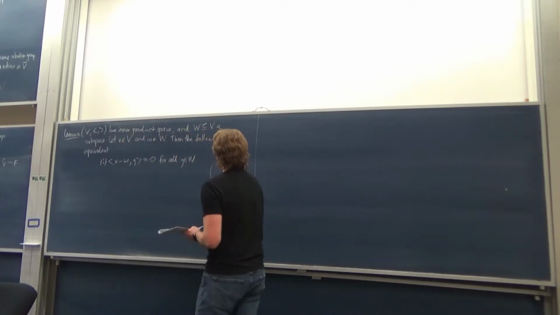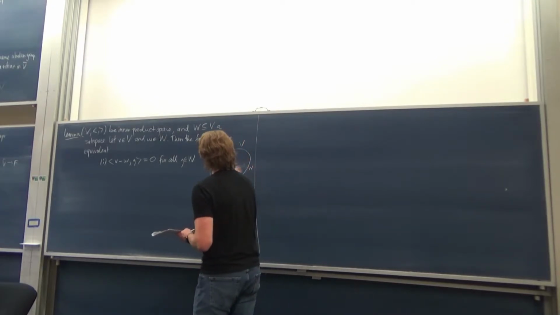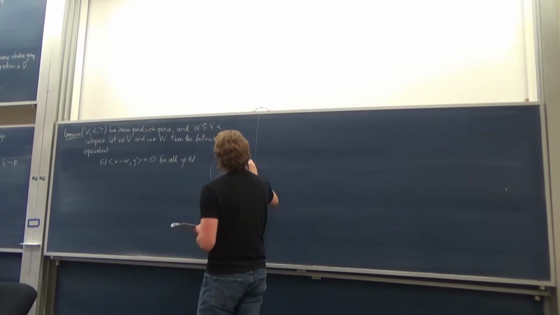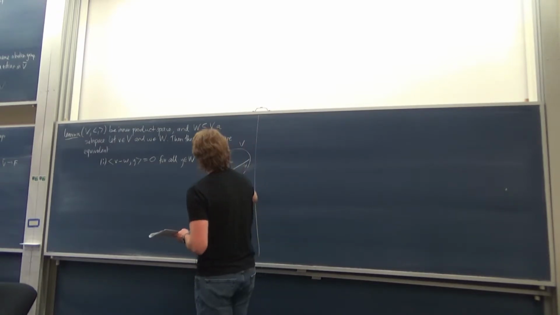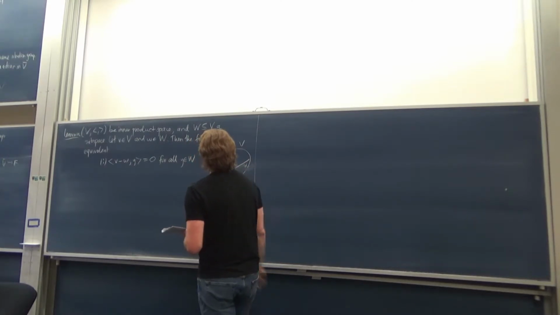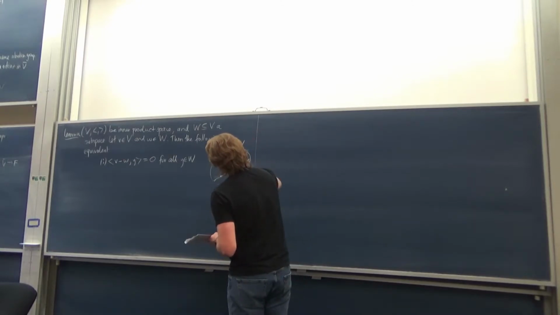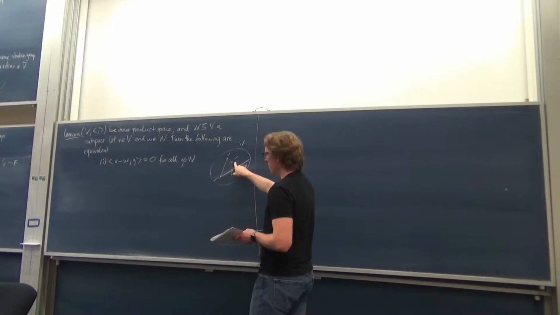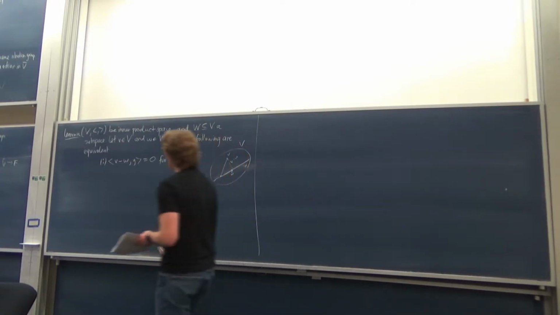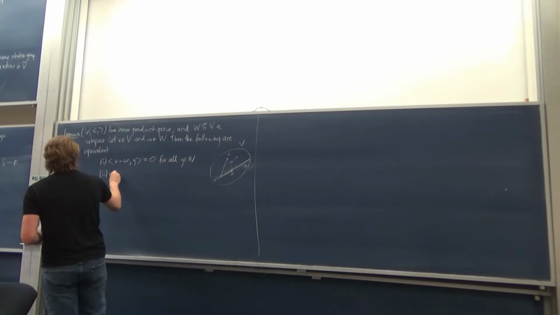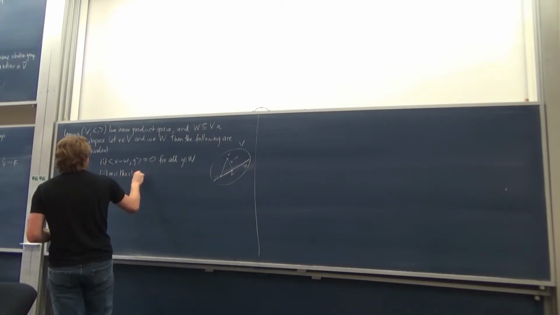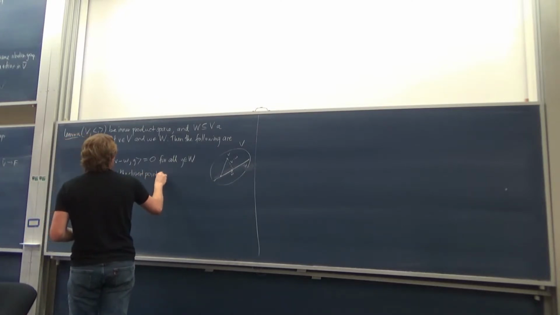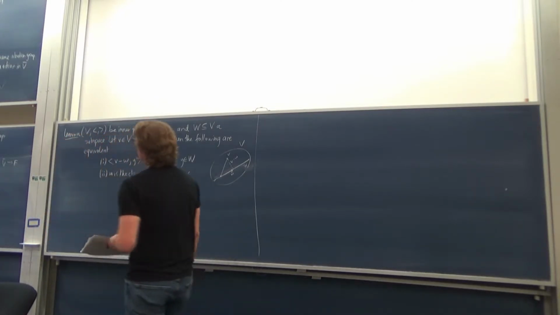Okay, so here you're thinking about there's V, there's a subspace W. Maybe there's the origin, there's V. You should think of this as being my W, so that's V minus W. This condition is saying V minus W is orthogonal to W, and that's equivalent to W being the closest point in W to V, in the sense of that formula there.